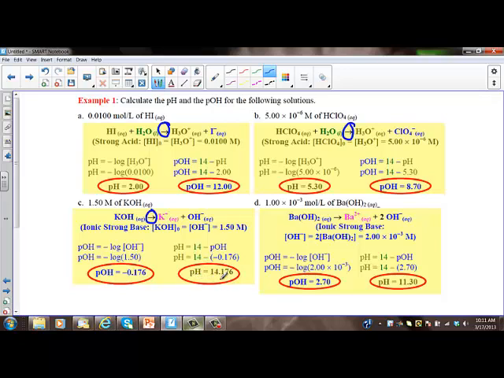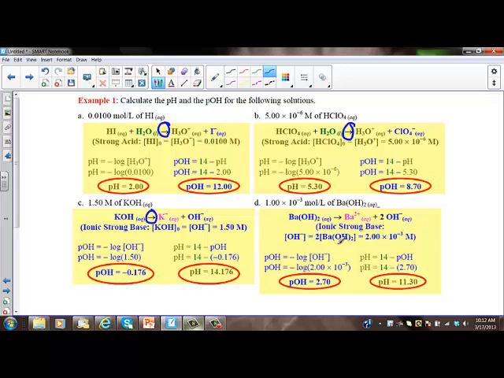So this is an extremely, extremely strong base. Ba(OH)2 is also a strong base, and it dissociates as you see here. So we know the OH- concentration is equal to 2 times the concentration of Ba(OH)2. So it's going to be 2 times 10 to the minus 3.